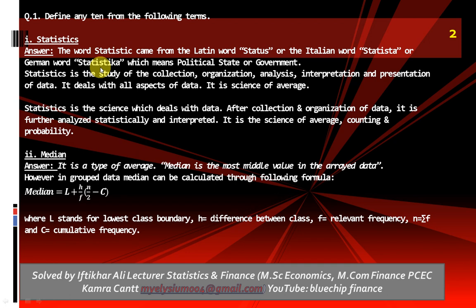It is the science to calculate the dispersion of the data. It is a science which is a branch of applied mathematics. We divide statistics into 4 different parts: collection of the data, organization of the data, analysis, interpretation and presentation of the data, or we can say that it deals with all aspects of the data.